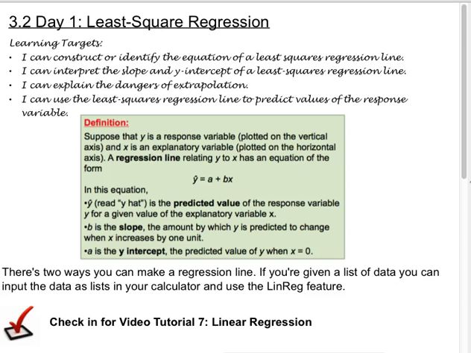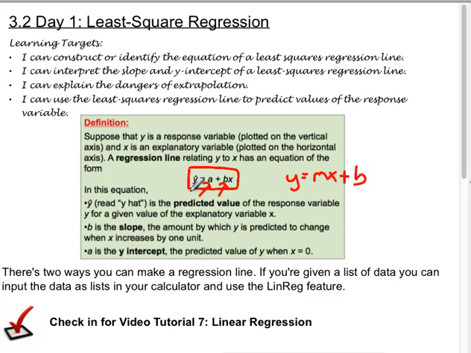Suppose y is a response variable and x is explanatory. The regression line relating y to x has this form. Students sometimes get into a panic because you're used to seeing something like y equals mx plus b, but you can see it's the same thing. Here the number by itself is your y-intercept, and that b is going to be your slope.